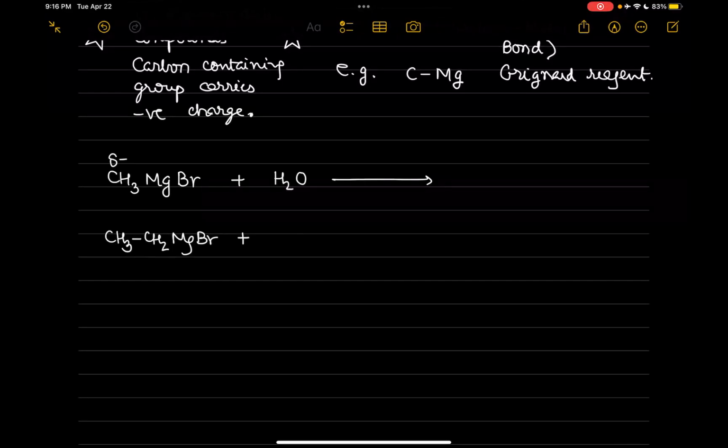It's H plus and OH minus. Exactly. So this is H plus and OH minus, and this is magnesium plus and CH3 minus. Now what to do? Can you help me out?